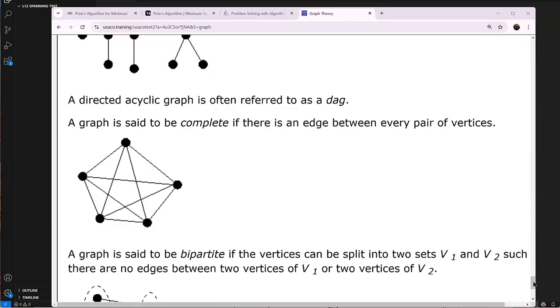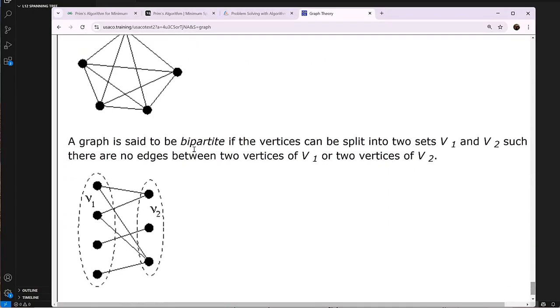A graph can also be bipartite, if the vertices are divided into V1 and V2, such that there's no edge between two vertices within V1. So internally you don't have edges; the edges just cross between the parts.